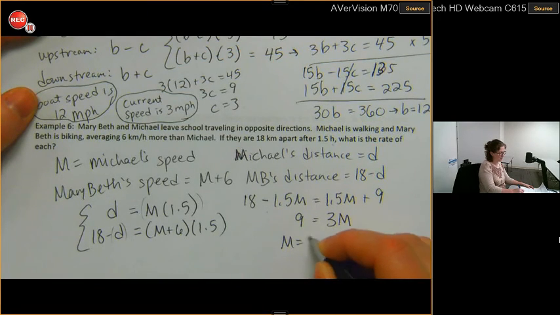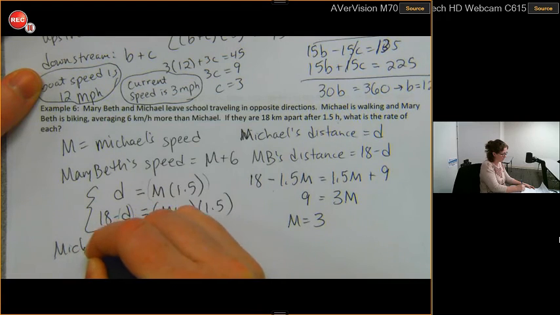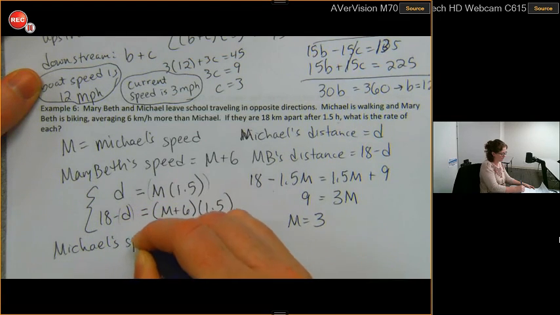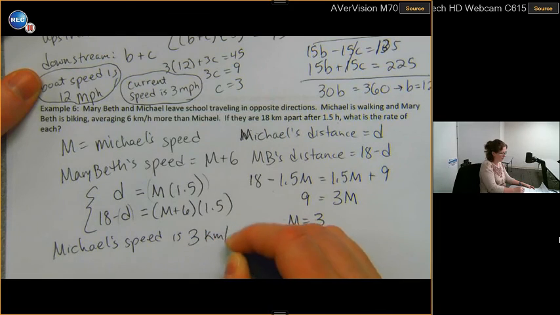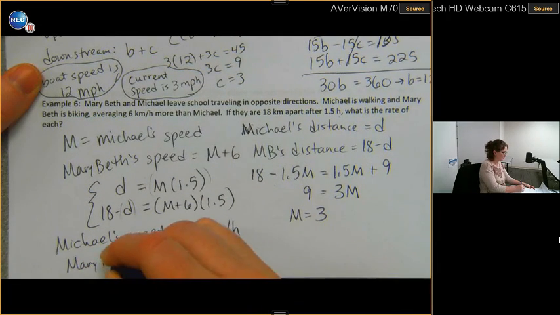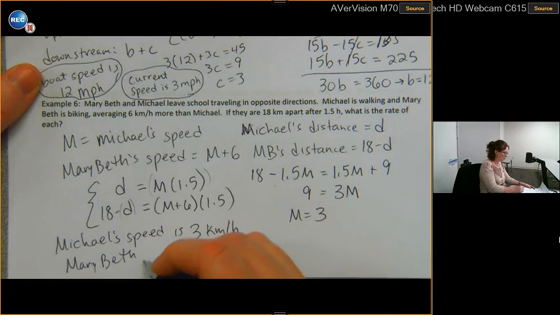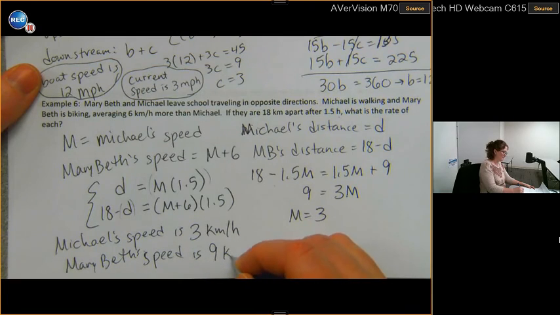So then I get m equals 3. So now I know that Michael is going at 3 kilometers per hour. And I know that Mary Beth is going 6 more than that. So that's going to be 9 kilometers per hour.